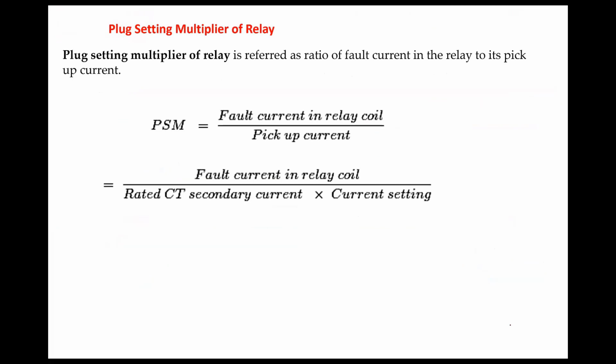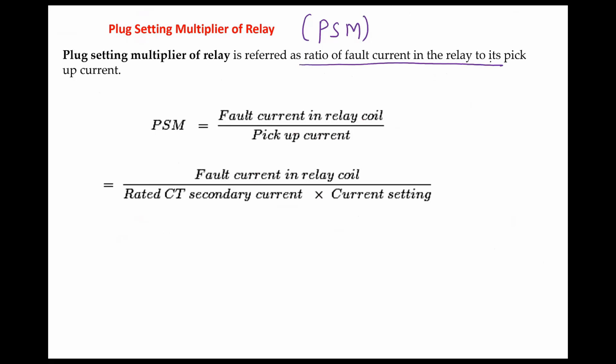Next is called plug setting multiplier. The short name is PSM. The plug setting multiplier of a relay is the ratio of the fault current in the relay to the pickup current.